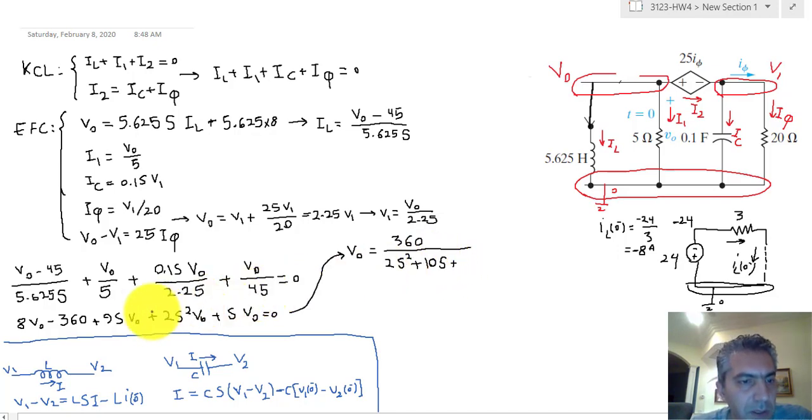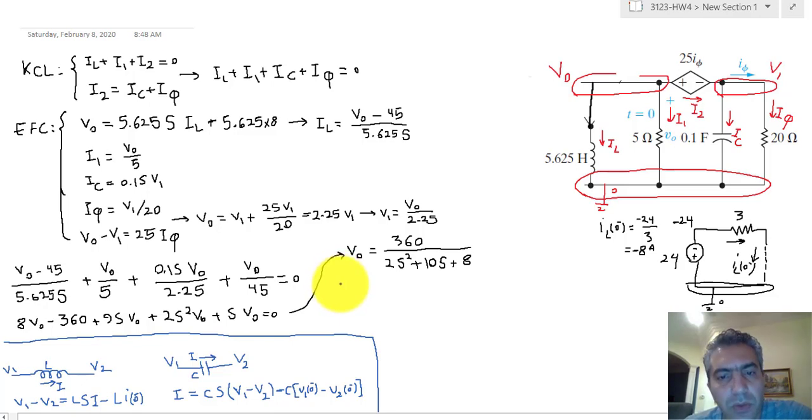And finally, we have 8 V out here, so that would be 8. Okay, so this is V out as a function of s.